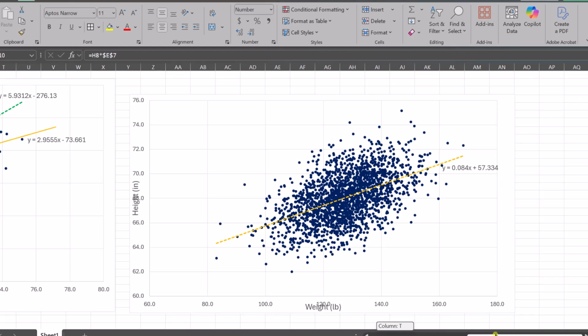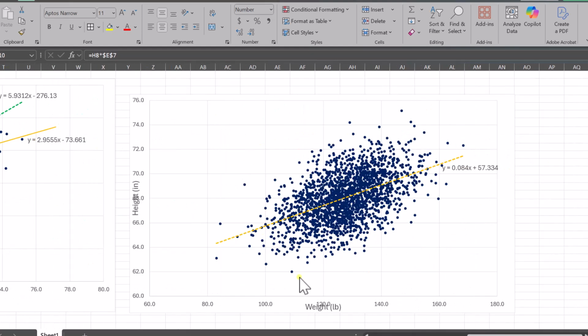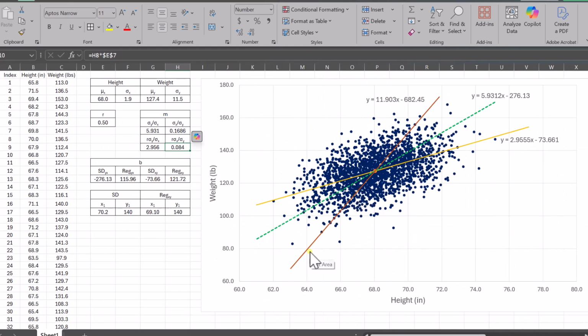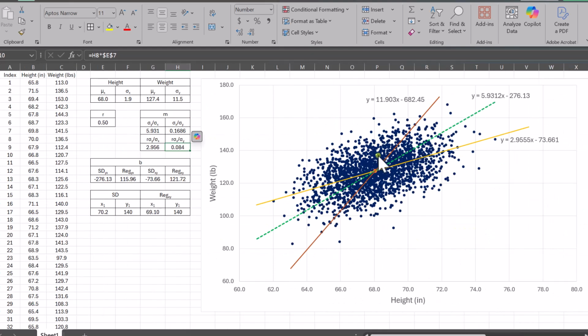So all it is, it's flipped about y equals x, right? This bottom portion flips up over here over y equals x. This flips down. You see? So everything flips. All of the SD line is going to flip about y equals x. The regression lines are going to flip about y equals x. Everything flips.